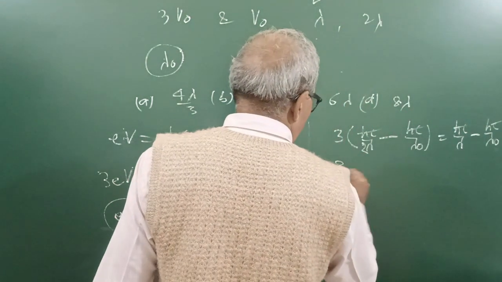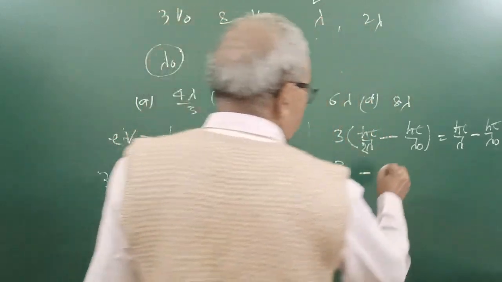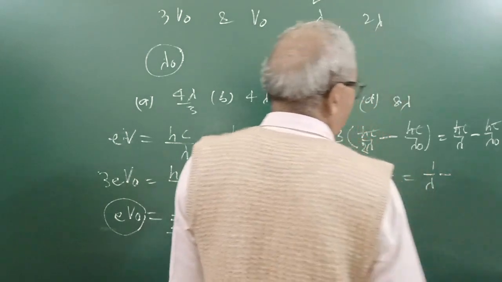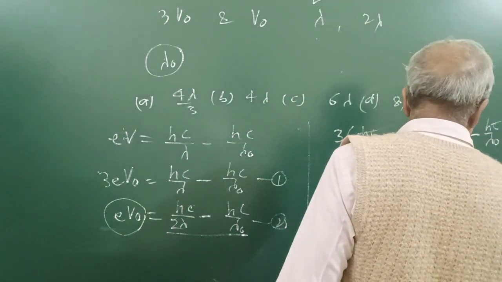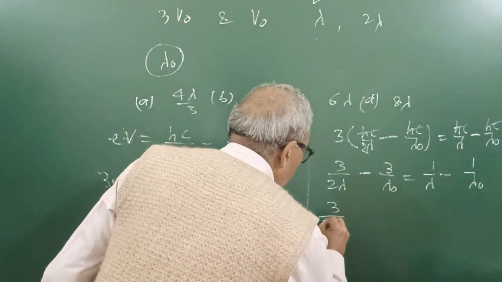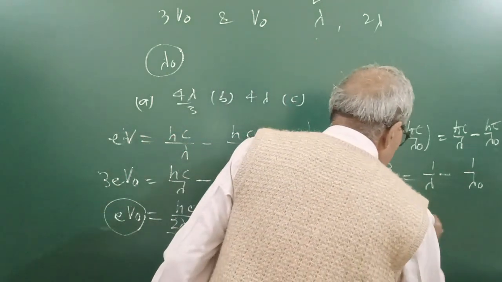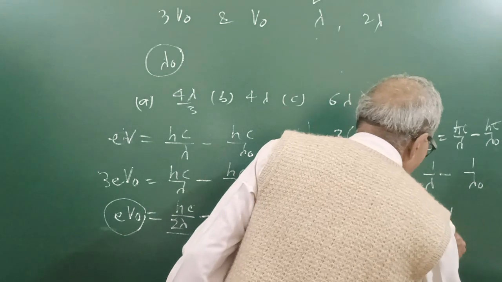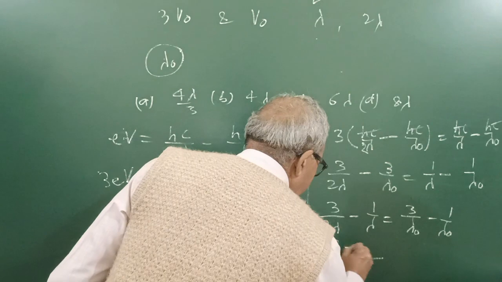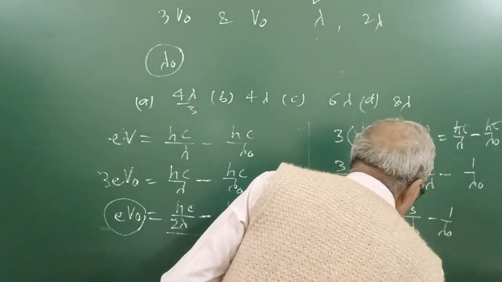So it is 3 upon 2 lambda minus 3 upon lambda 0 equals 1 upon lambda minus 1 upon lambda 0. So 3 upon 2 lambda minus 1 upon lambda is equal to 3 upon lambda 0 minus 1 upon lambda 0. LCM 2 lambda, 3 minus 2 is equal to 2 upon lambda 0.